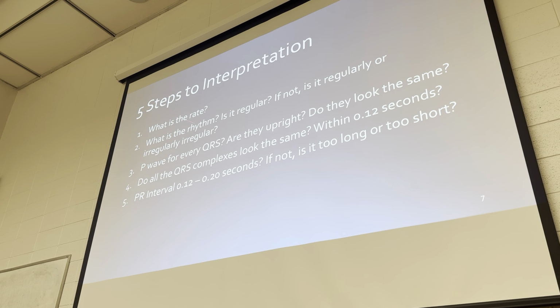Is there a P wave for every QRS? Are they upright? Do they look the same? Do all the QRS complexes look the same? Are they all within 0.12 seconds? Is our PR interval within normal limits, 0.12 to 0.2 seconds? And if it's not, is it too long or too short? Because that's going to be a defining feature there.